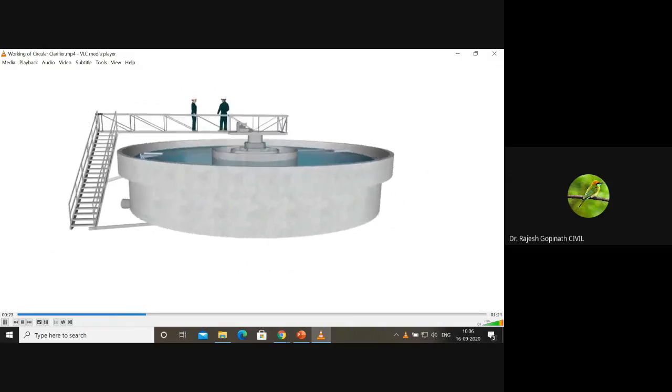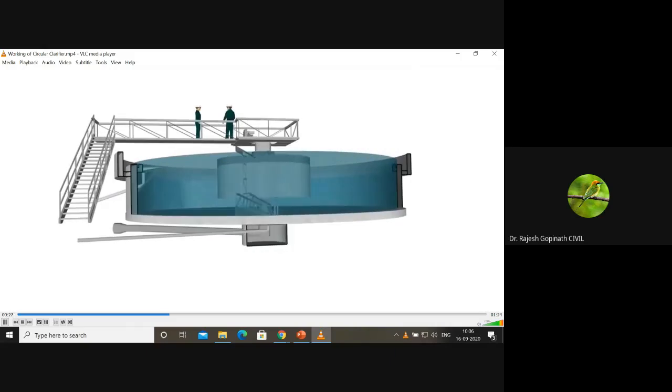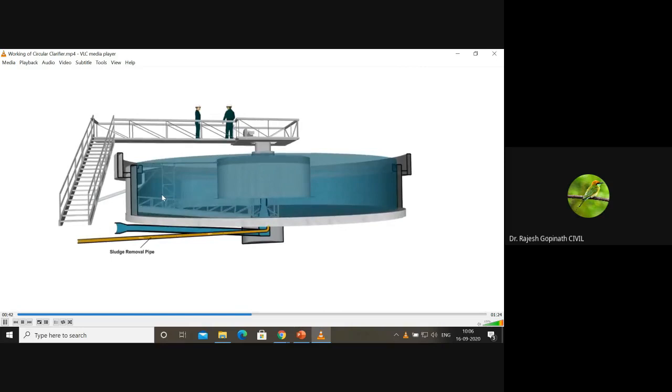You can see mechanical scrapers moving. You can see how the arrangement is inside. Now let's observe carefully. This is your wastewater entering. It rises, it falls. As it is falling, all your settleable solids are falling down, and the mechanical scraper is collecting them towards one portion, and then the sludge is being removed. That is, the settleable solids are being removed.